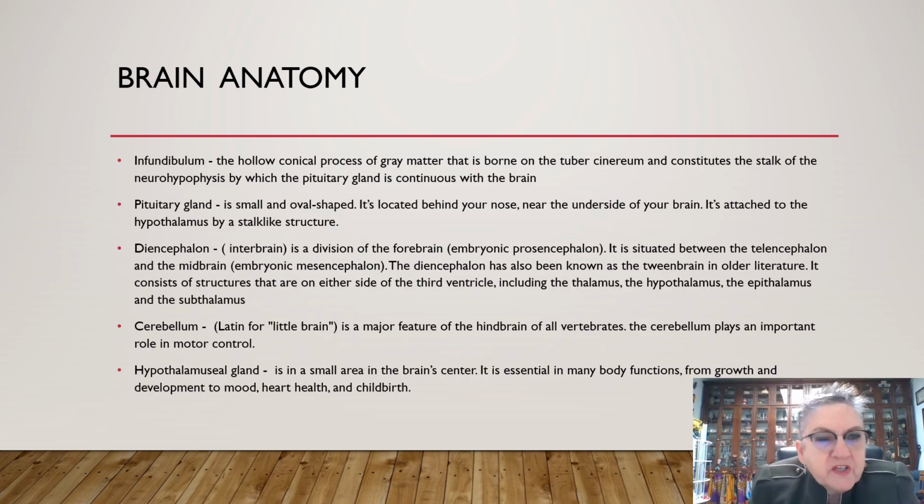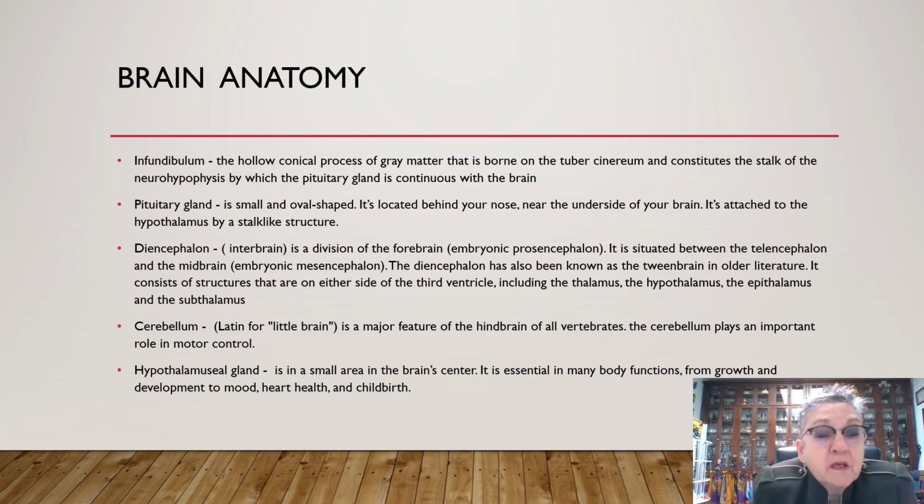A little more information about parts of the brain. You can read through this, but the one I really want to point out here is the pituitary gland, which is a small oval-shaped gland. It's behind your nose near the underside of your brain, and is attached to the hypothalamus by a stalk-like structure. The interbrain is the go-between.